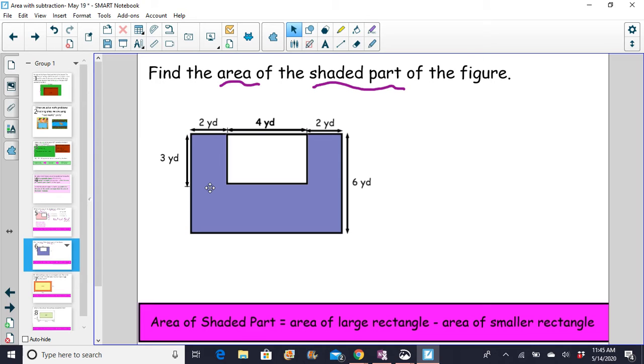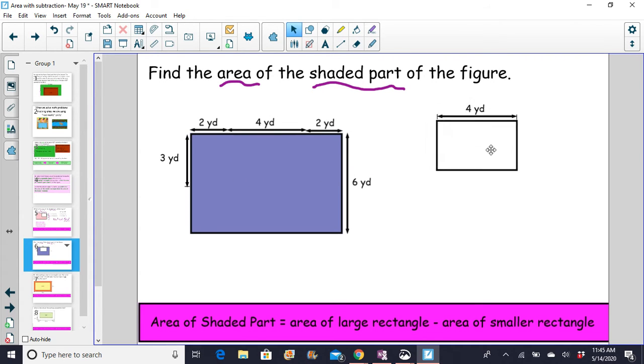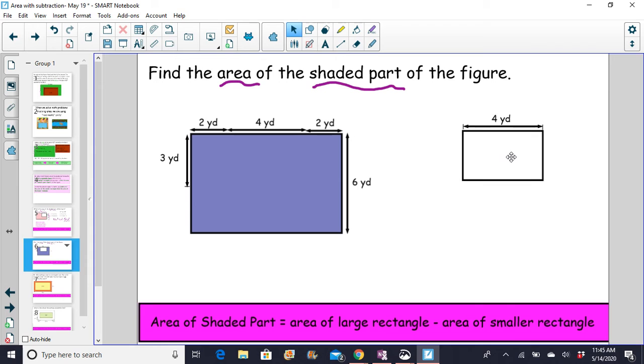To do that though, I'm going to start by decomposing this into its rectangular parts. So there are going to be 2 rectangular parts. Okay, I have my white rectangle and I have my purple rectangle in the background. As I move that white rectangle off the top of the purple one, you should know that something super important is missing off of that.